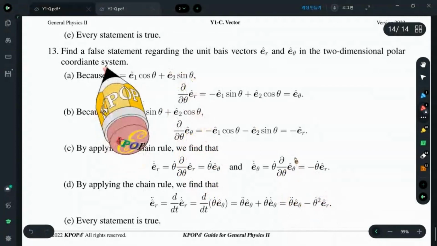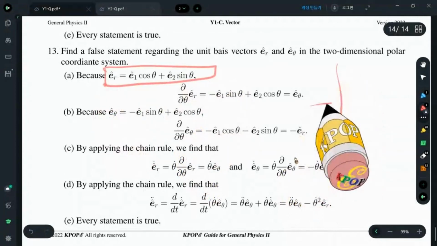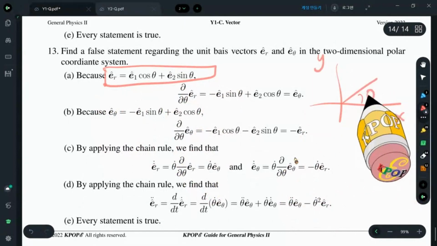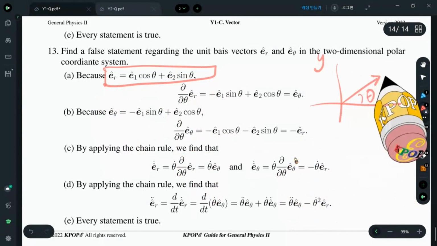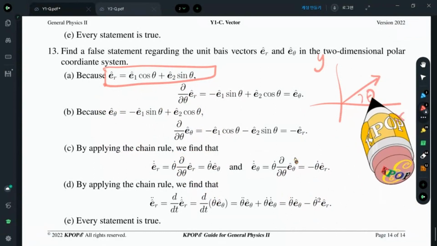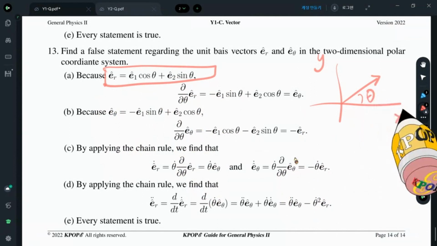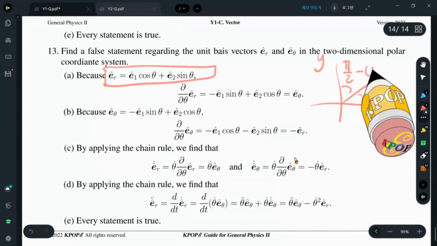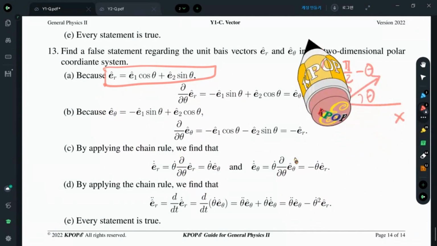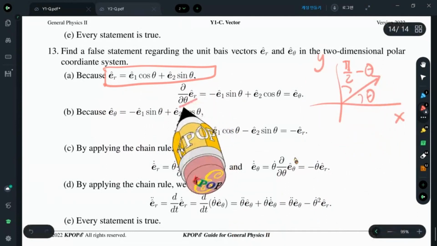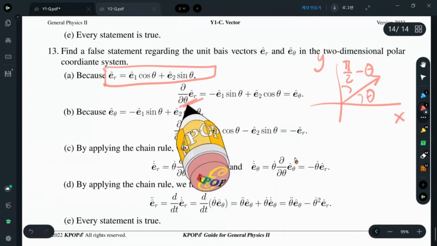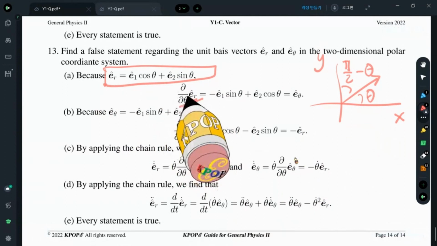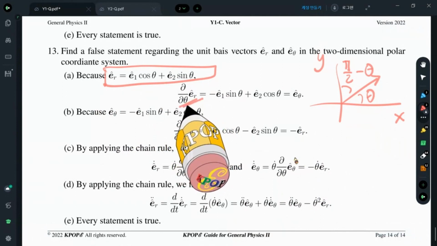And this is a unit radial vector on the xy plane, x-axis, y-axis, angle theta, and this is the unit radial vector whose magnitude is 1, and it has the angle theta with respect to the x-axis and one half of pi minus theta with respect to the y-axis. Partial derivative means there is this variable only, keeping any other variables as constant.